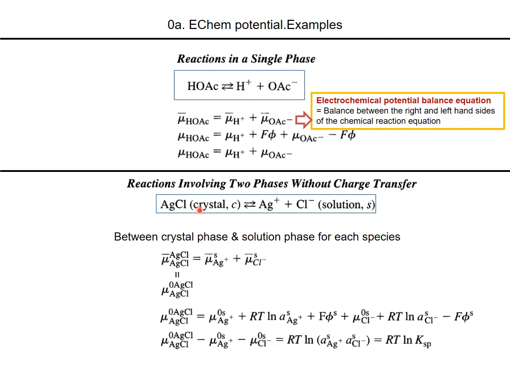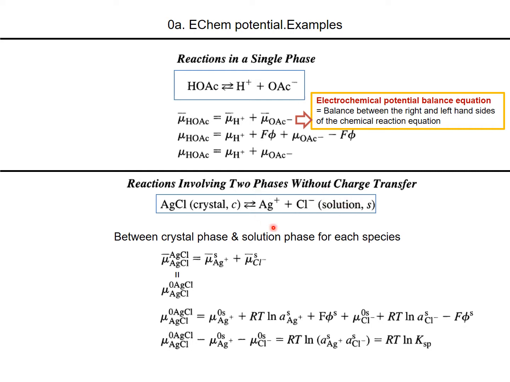Here, silver chloride, which is solid or crystal, goes to silver plus and chloride minus in a dissociation reaction, or the backward reaction is also available. On the right side of this equation, we have two kinds of ions, and all of them are soluble in solution.